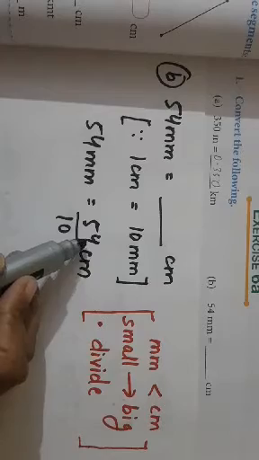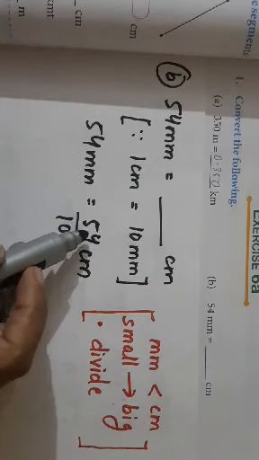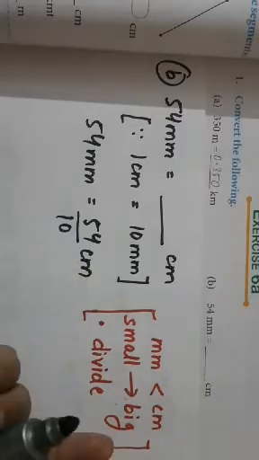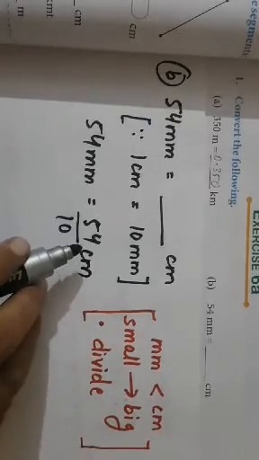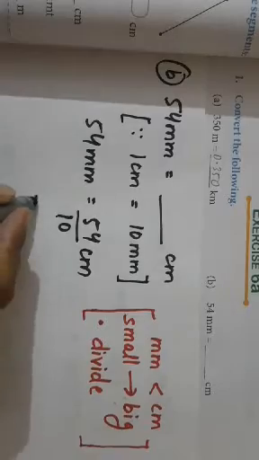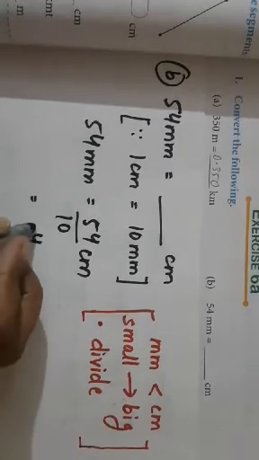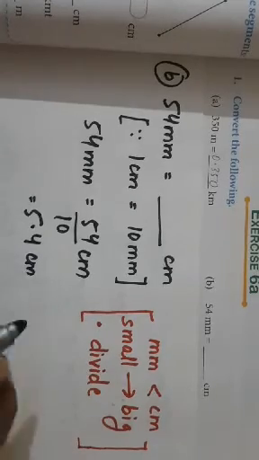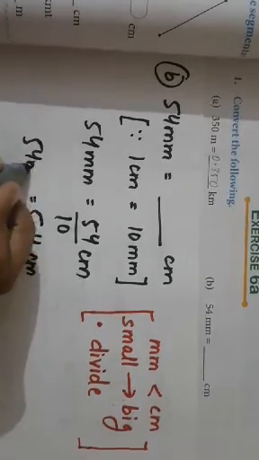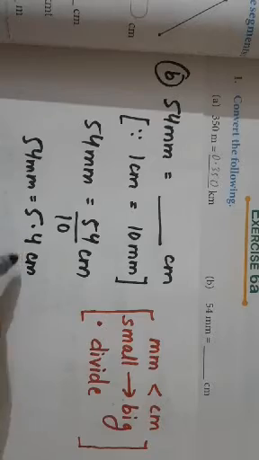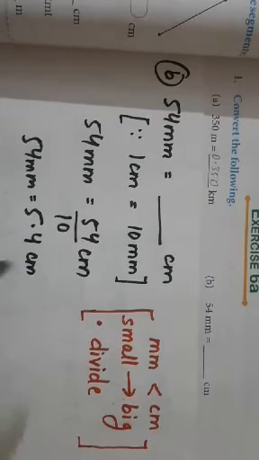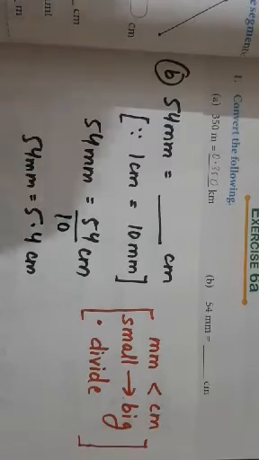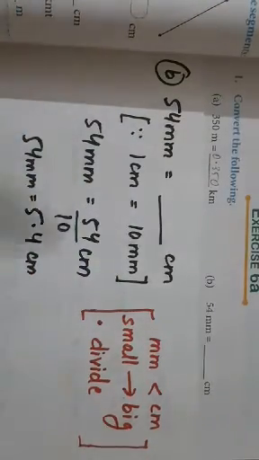So just after 1 digit we'll put decimal. We'll start counting from the right side, 1 means 4. So 54 millimeter is equals to 5.4 centimeter. So this is the answer of the B part, that is 5.4 centimeter.